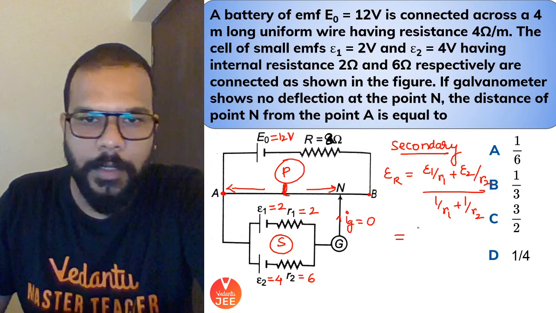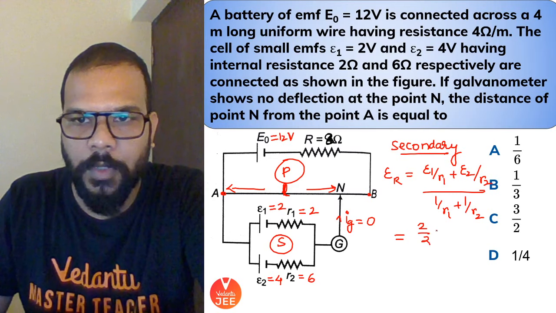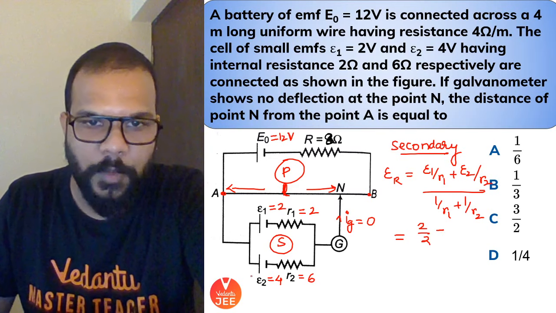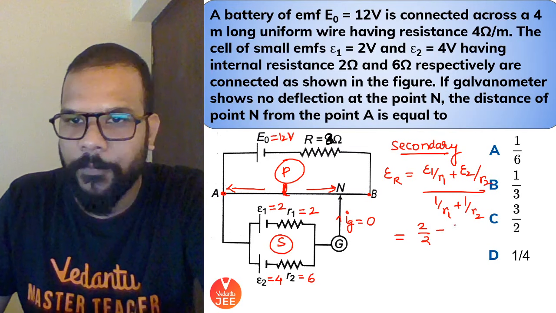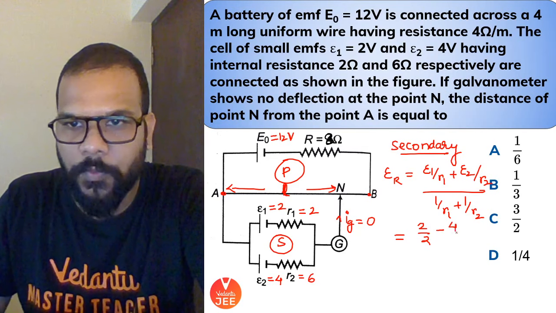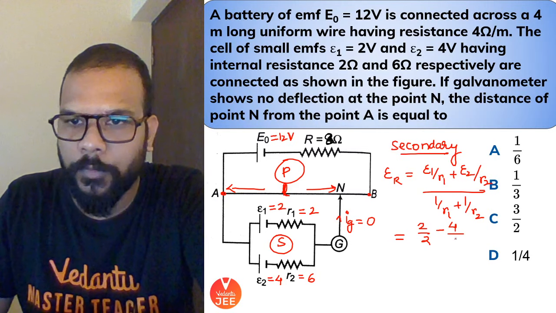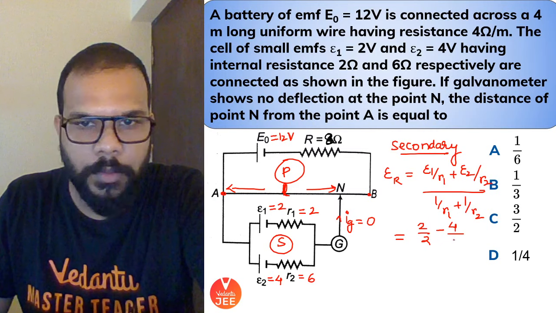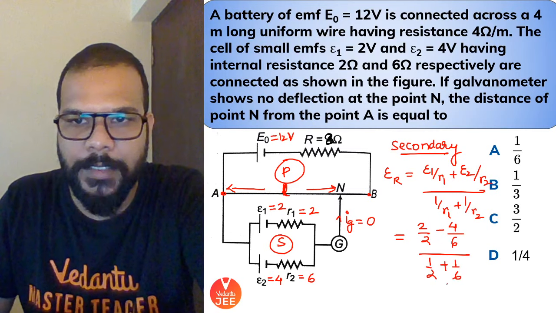So E1 is, say, 2, its resistance is 2. This is minus because polarities are opposite. They are trying to oppose each other in this case. So E2 is 4 divided by the resistance, that is 6, and this is 1 by 2 plus 1 by 6.